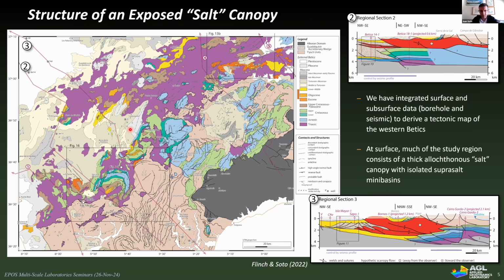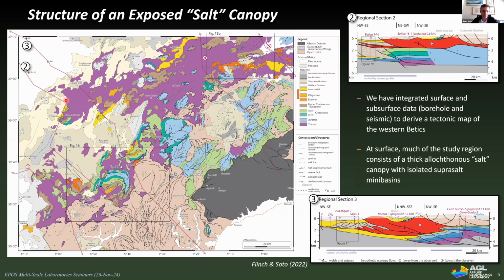All these illustrations are from different papers with Johan Flinch, and we have made a major revision of the area, using not only surface geology but also integrating well data and seismic interpretation. I think this is an important benefit in any orogenic belt, to incorporate surface geology with subsurface data.